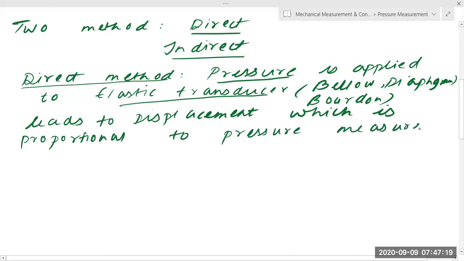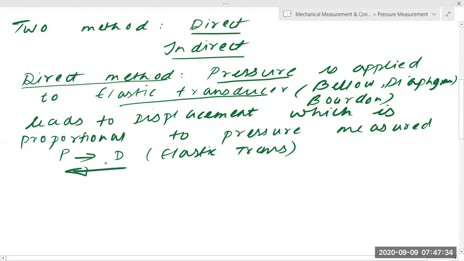This is called the direct method. What happens in the direct method? Pressure is converted to displacement with the help of some kind of elastic transducer, and that is calibrated back to the pressure value. Simple as that. This type of method is called the direct method.